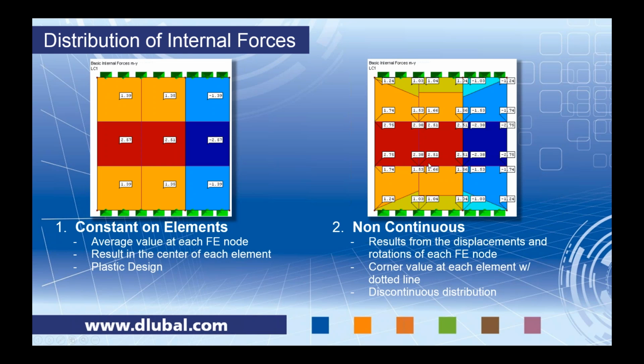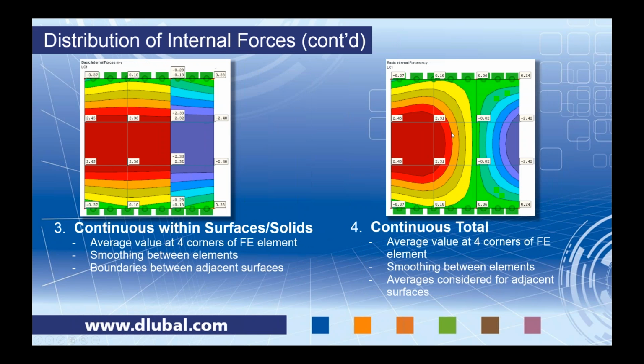It's a discontinuous distribution, so we don't have any contours between the different elements. We might have some contours within the same element, but we don't relate them all together. Realistically, this is not efficient. There's really no way to interpret these results, so that's why we came up with these other distribution types.